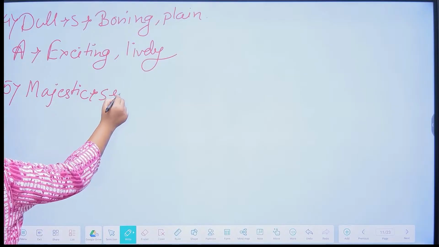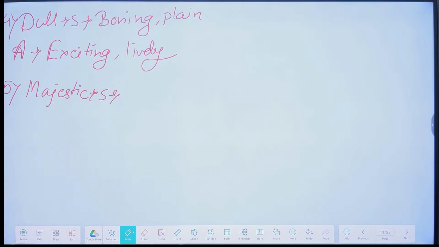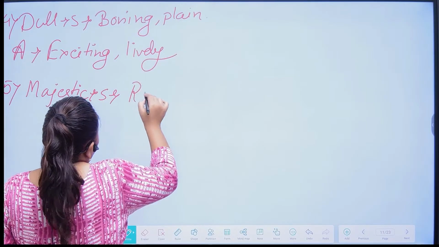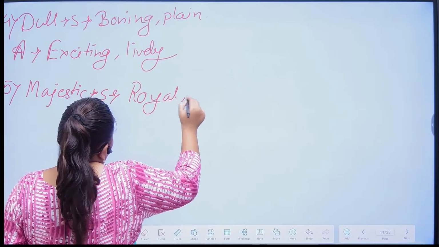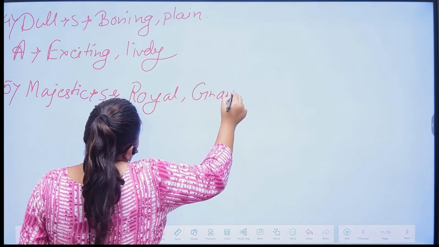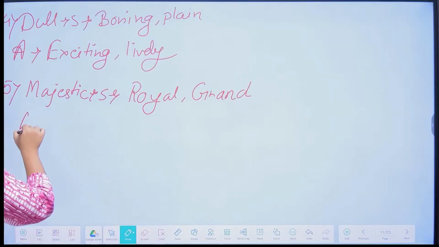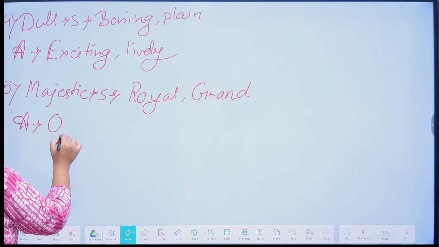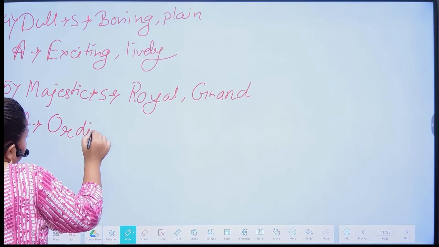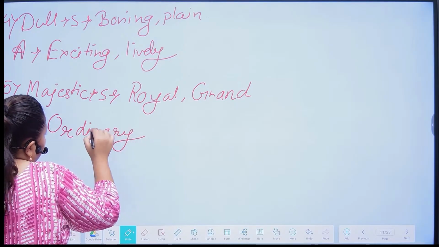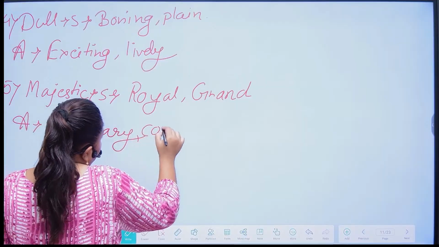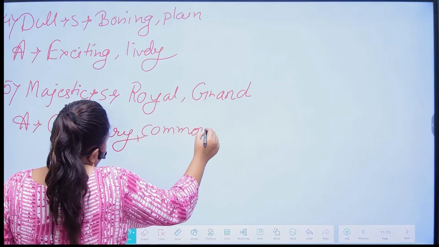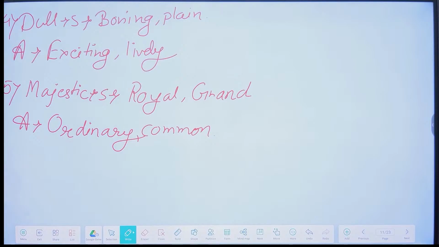The synonym of majestic is royal and grand. And the antonym of majestic is ordinary and common. So write down these synonyms and antonyms in your copy.